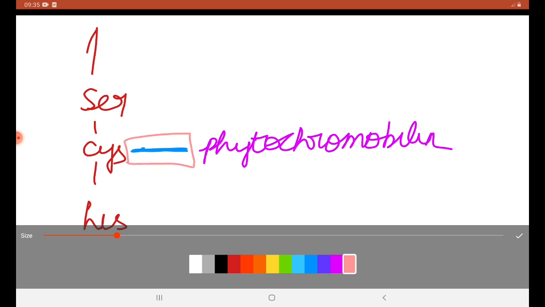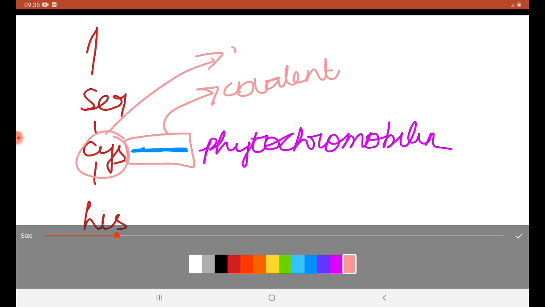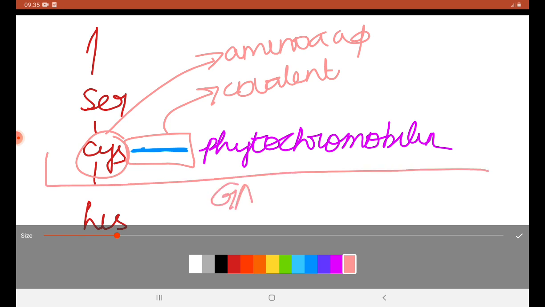This attachment is a covalent attachment. Cysteine is an amino acid, and this cysteine attachment takes place in the GAF region at the N terminal of phytochrome.